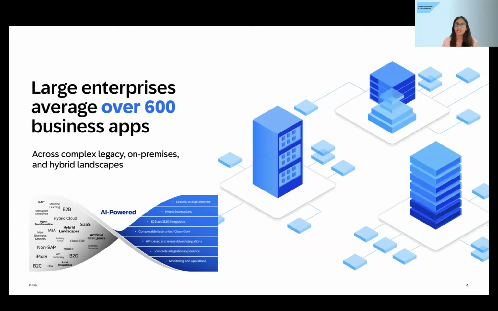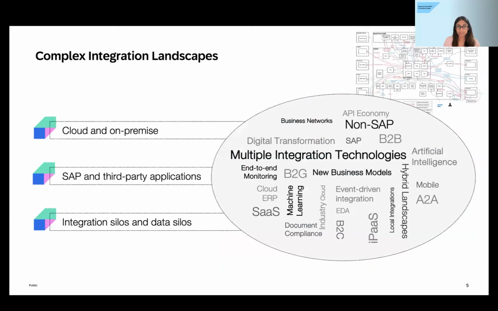When you see a large enterprise, it averages over 600 business applications. The IT is really complex, with data coming in from different environments: cloud, public cloud, on-premise, hybrid landscapes.